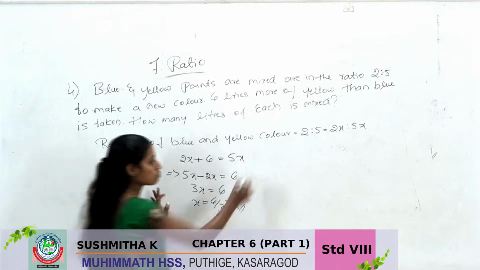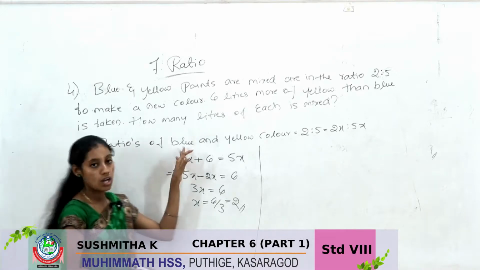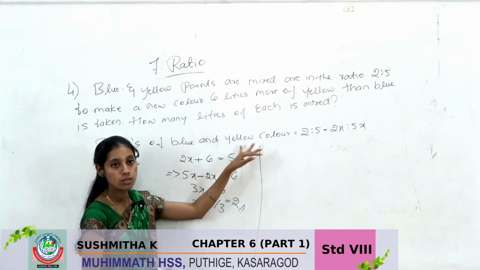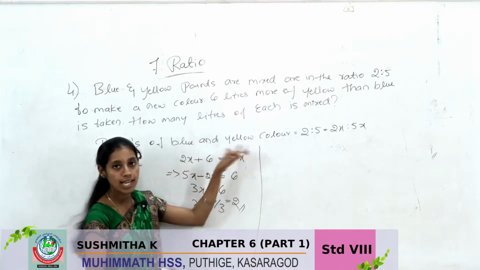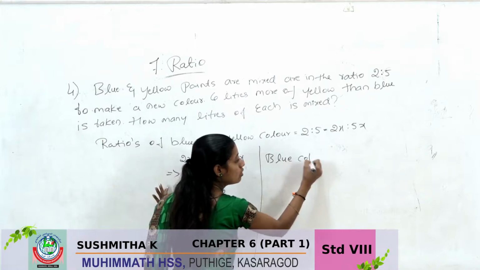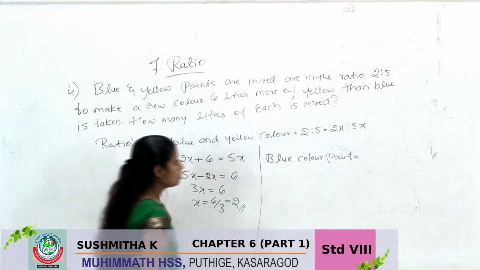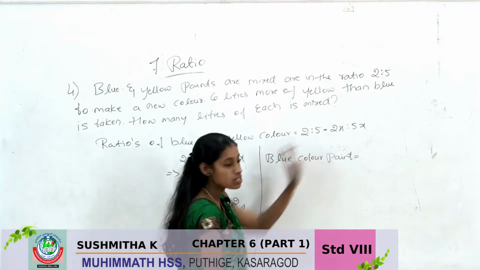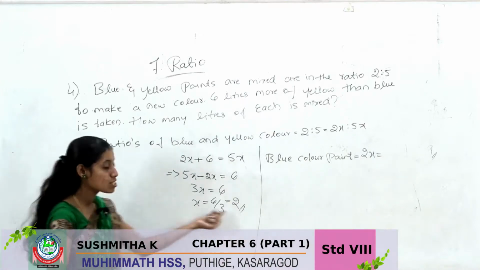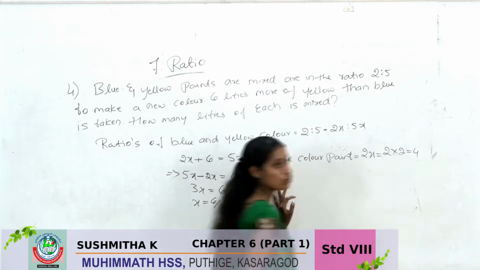Then we will find how much blue color paint and yellow color paint there is. Blue color paint is 2x, the value of x is 2, so 2 into 2 is 4.